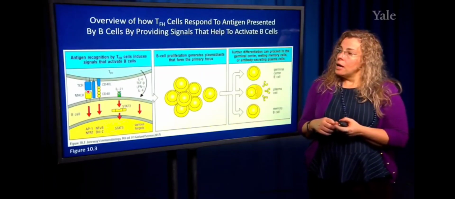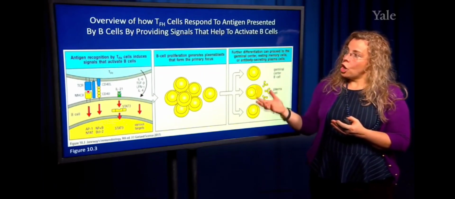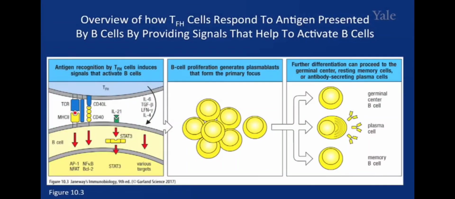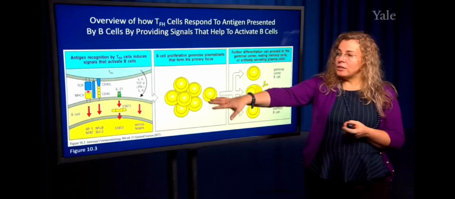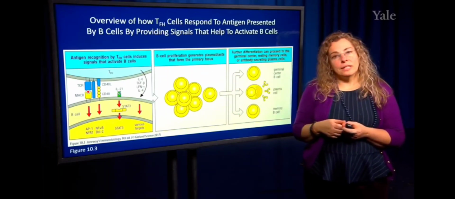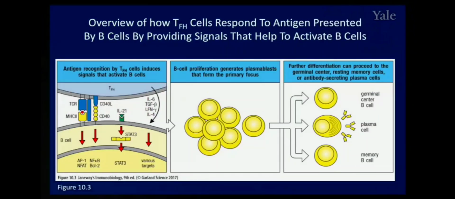So here's an overview of how T follicular helper cells respond to the antigen presented by a B cell and what that results in. So again, you see down below the B cell interacting with the T cell through its MHC class II and the T cell receptor on the follicular helper cell. You also see CD40 and CD40 ligand.